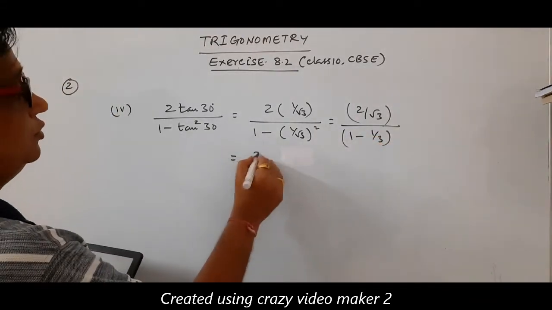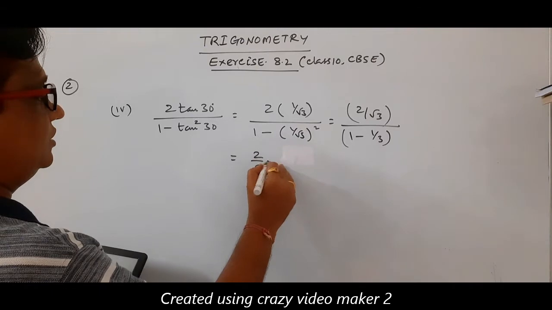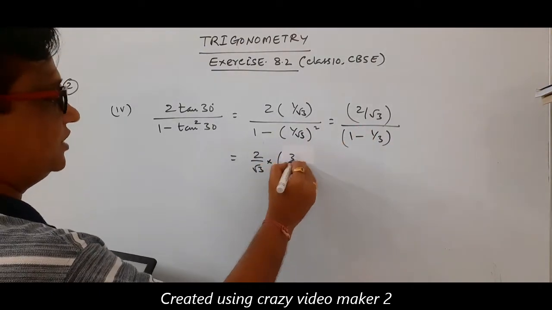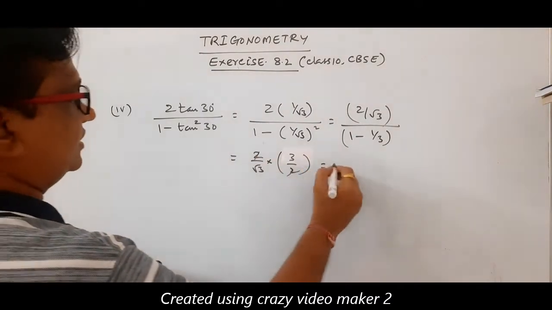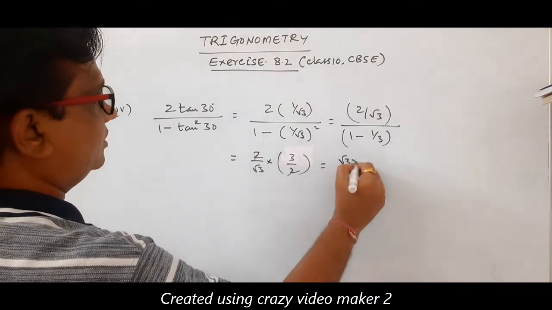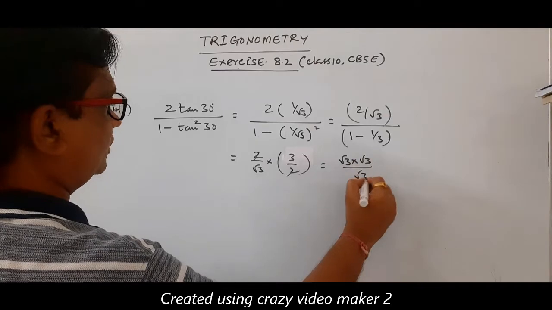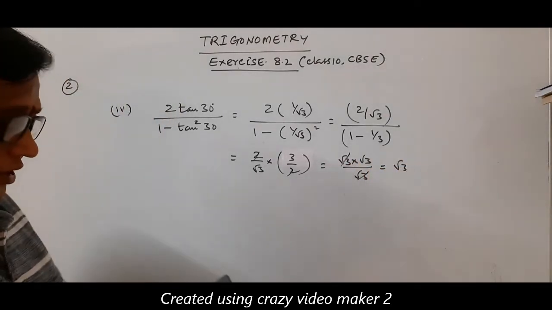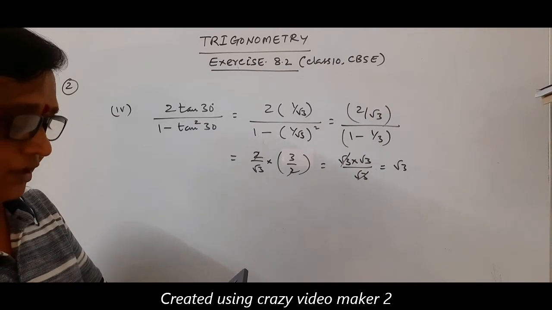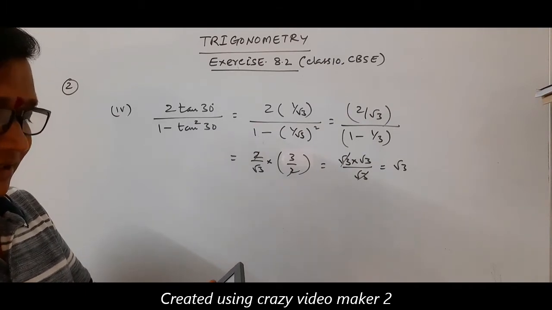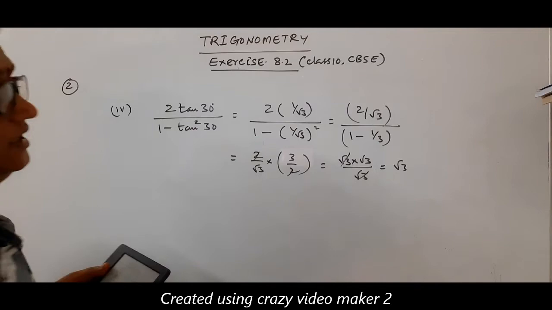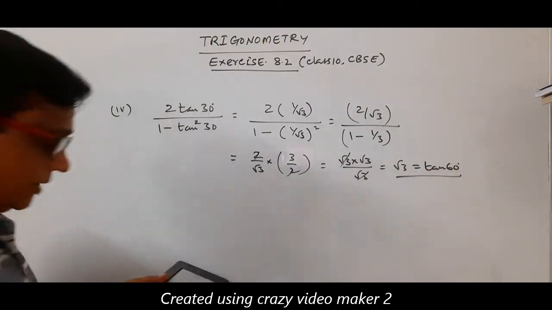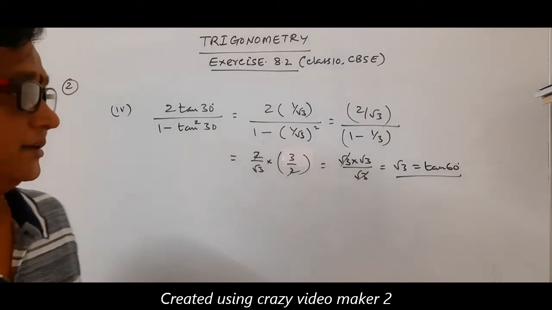That means 2 by root 3 into 3 by 2, 3 minus 1 is 2 by 3. So 3 can be written in the form of root 3 into root 3 by root 3, root 3 cancels, root 3 will be there. So you are going to look for that root 3 value: cos 60, sin 60, tan 60 and sin 30. So tan 60 is root 3. So this one is option C.